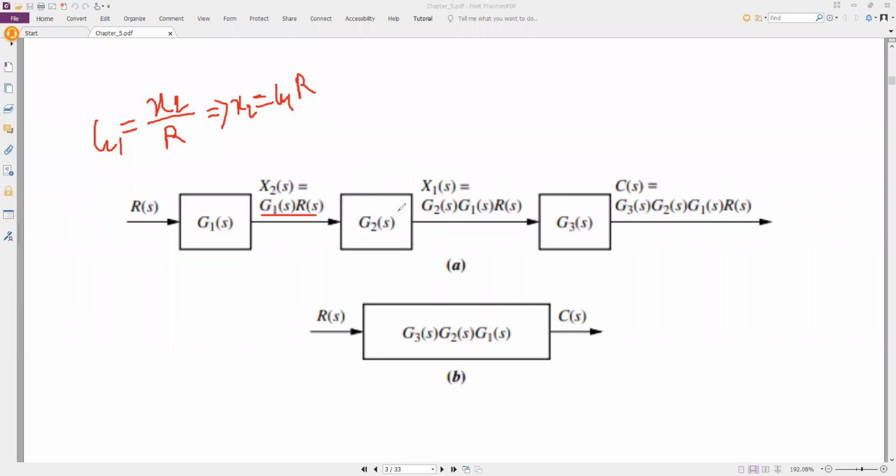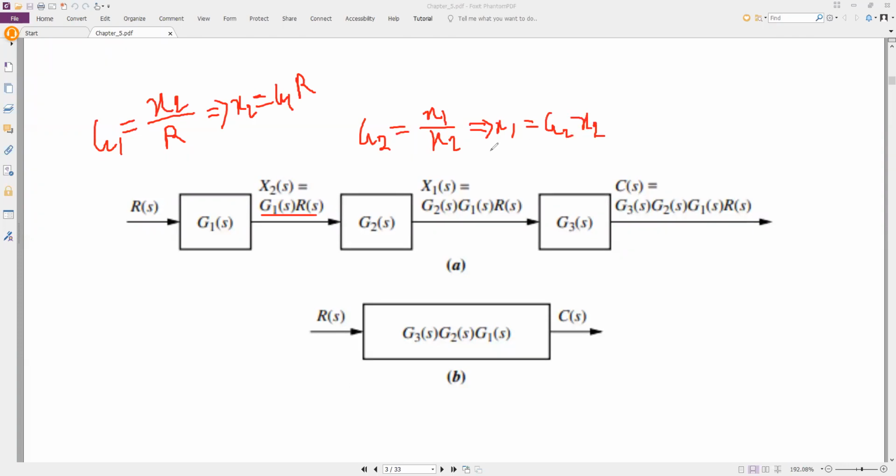Again for G2, if you look at G2, the output is X1 and the input is X2. So X1 would be G2 into X2.